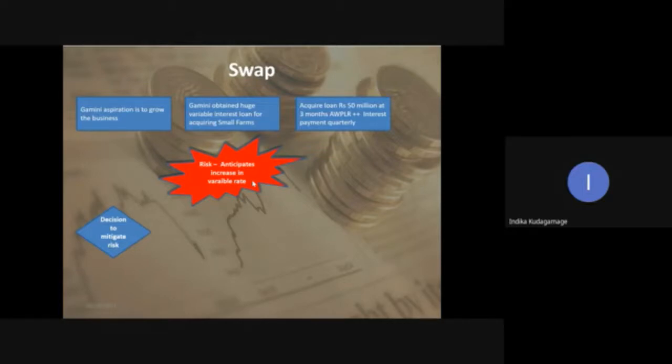Right? So, it is an exchange of cash flows. Imagine, it is an exchange. I have a variable rate loan. You have a fixed rate loan. I want to fix. You want it variable.